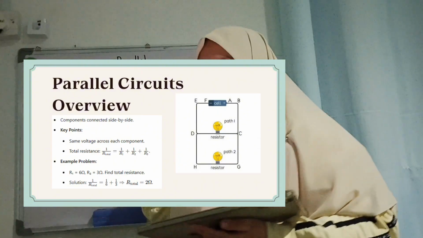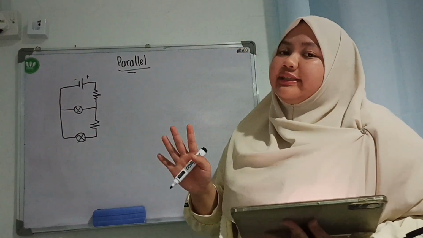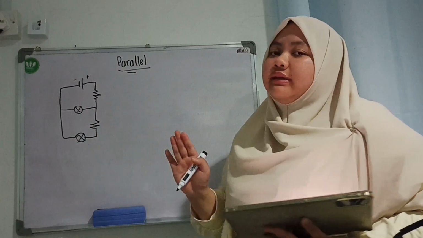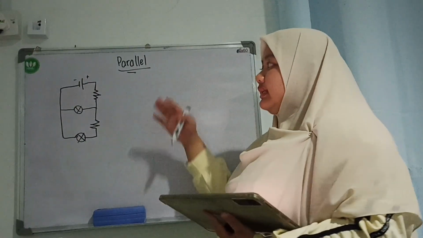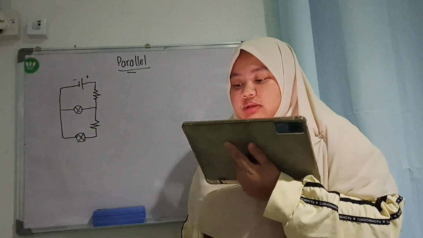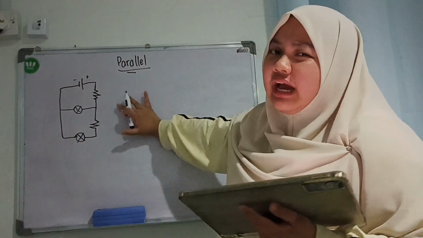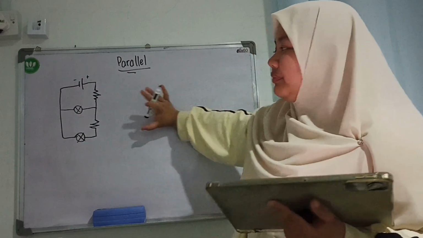So as I said before, series and parallel are more obvious, the difference, when you see the diagram. Where parallel has levels, kind of, in a way.